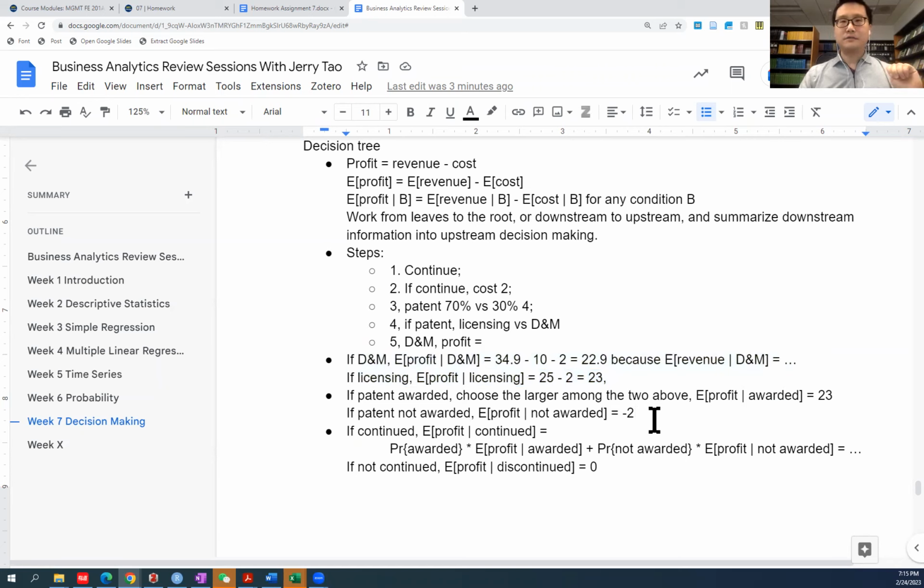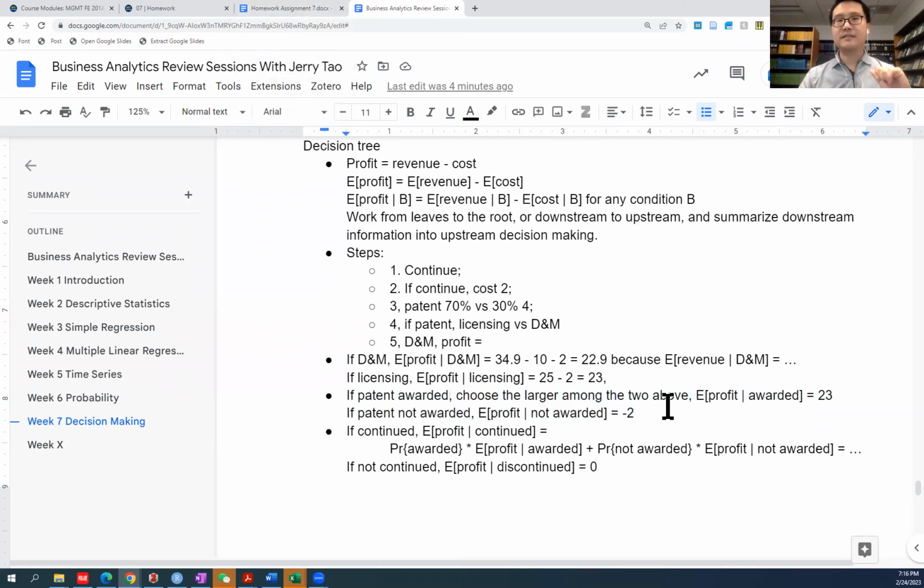So now it comes to the step where a student got a question. So about the patent awarded or not. We also have a probability associated with it. But to see it clearly, we must go into each scenario. If we already know the patent was awarded, then it would allow us to move downstream, right? It would allow us to either choose licensing or development and marketing as the further step.